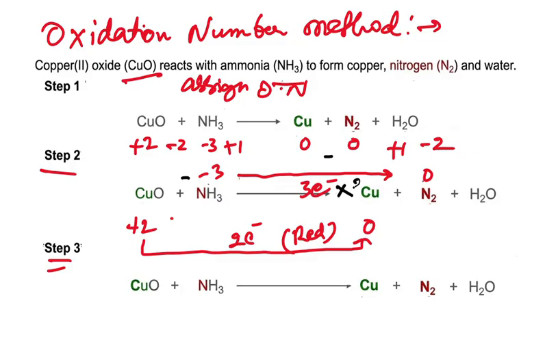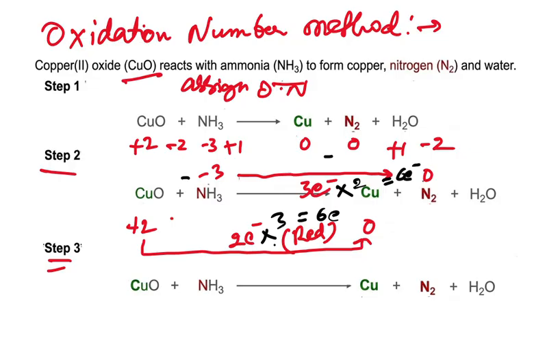3 multiplied with 2 and 2 multiplied with 3. So now 2 into 3, 6 electrons, and 3 into 2, 6 electrons. The number of electrons are equated.